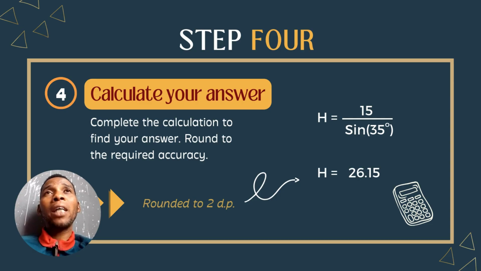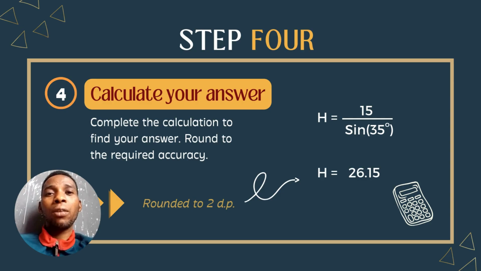Now, if you are looking for the adjacent, let's assume that you are given the opposite and you are not given the adjacent. Just write it down that opposite is given, opposite is O, adjacent is A, and the angle is given. Just go to your SOHCAHTOA and check the one that has opposite and adjacent.